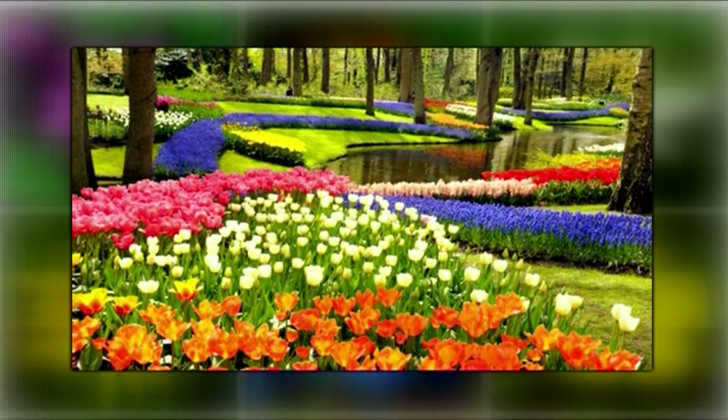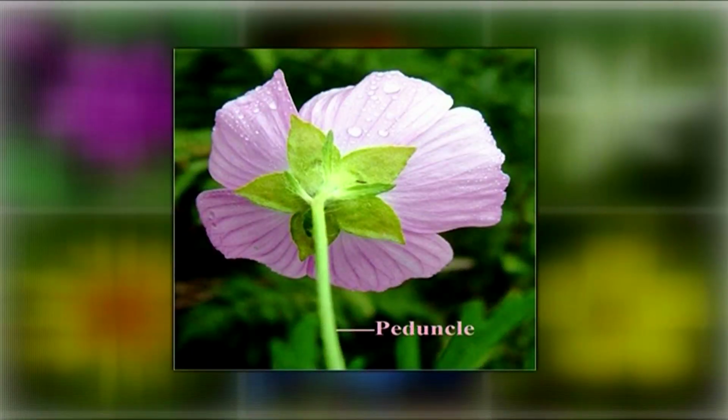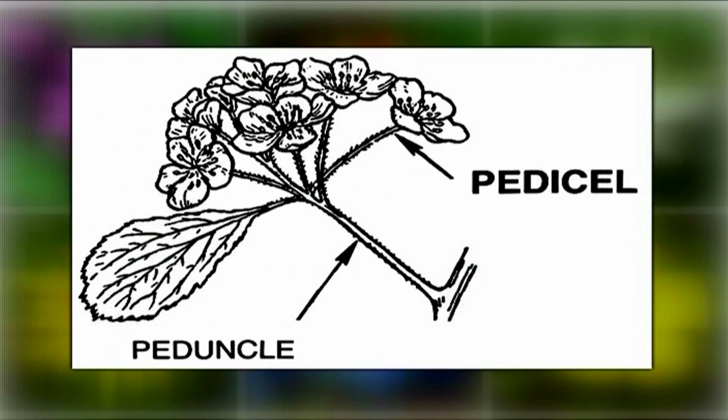Structure of flower. Take a flower of any color or size growing in your area, you will find its basic plan to be the same, that the flower is borne on a stalk called peduncle. If the peduncle bears more than one flower, the stems connecting each flower to the main axis are called pedicels.